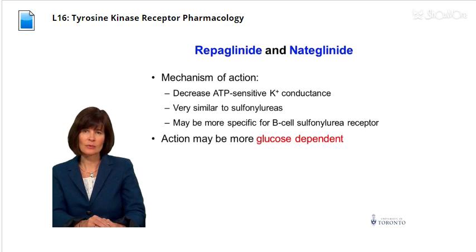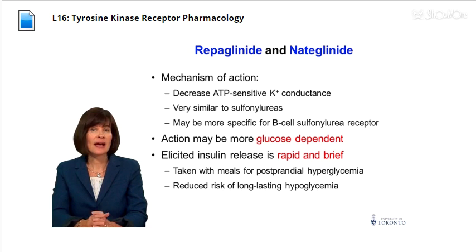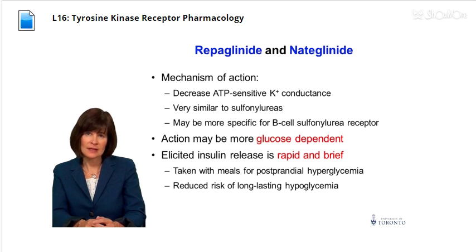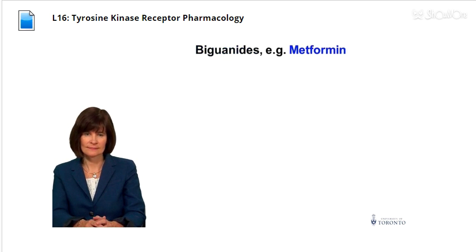These drugs are taken with meals and they elicit a more rapid insulin release that is brief compared to the effect seen with sulfonylureas. Because they have a rapid onset of action after a meal, hypoglycemia is therefore avoided. Because their actions are brief, there is reduced risk of long-lasting hypoglycemia with these drugs than would be observed with sulfonylureas.